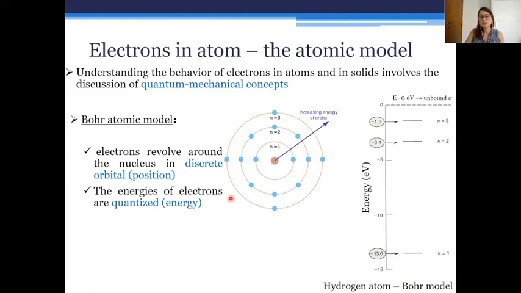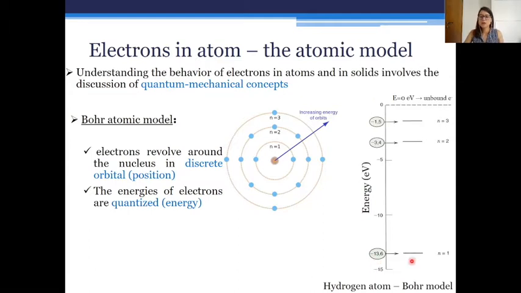I can represent this configuration for my atom with the nucleus and the electrons that evolve around it at specific positions, specific distances from this nucleus. Or I can also represent the energy levels for these different orbitals as a representation at the right of the slide. As you can see, on this representation, we have the energy increasing from the bottom to the top.